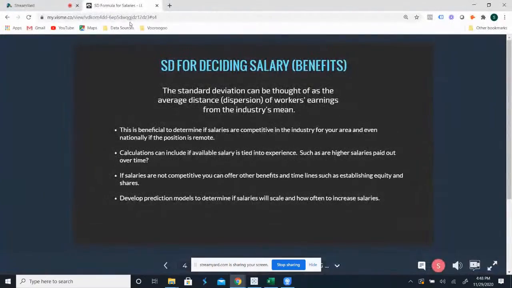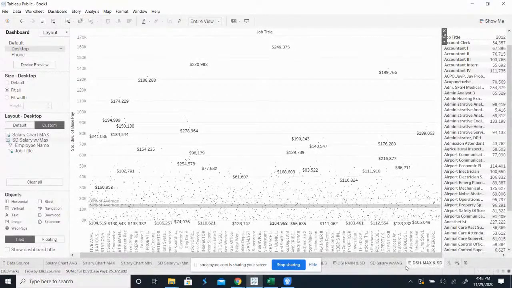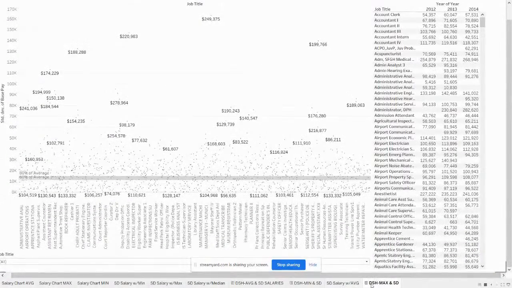I do want to show you briefly a case study that I'm actually working on. I don't want to get too much into detail because it's kind of complex, but I will have a full, complete case study that will show you the differences. Here, I created the standard deviation formulas for a particular company, though I can't say which.